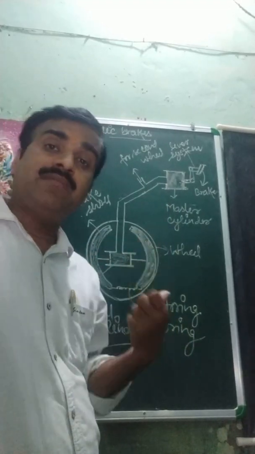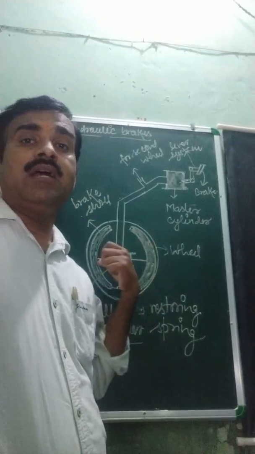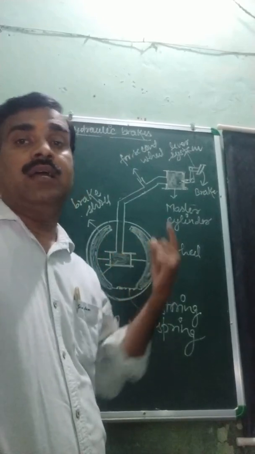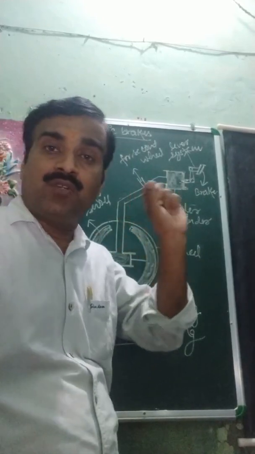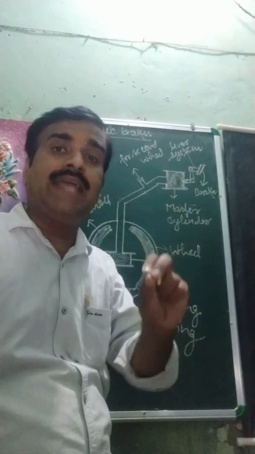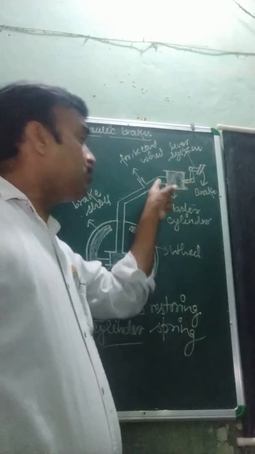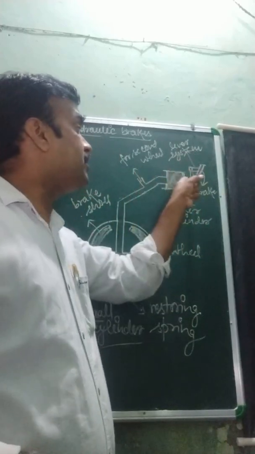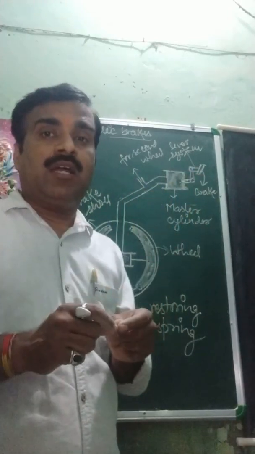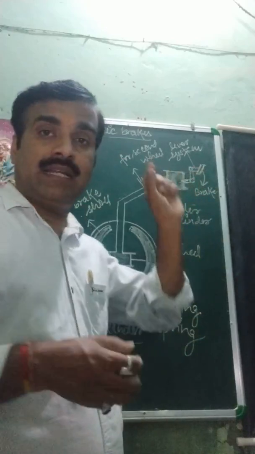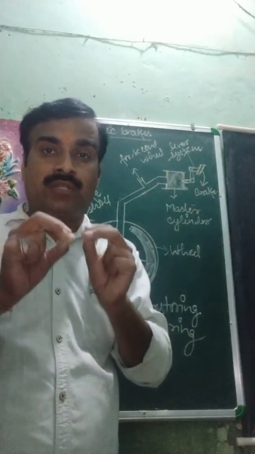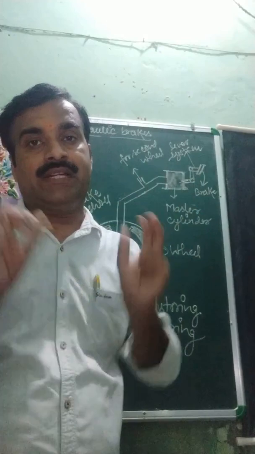In the same manner here also we have to use the lever system. By using the lever system, we apply pressure onto the piston, and that piston applies pressure onto the master cylinder in which the thicker oil is filled.